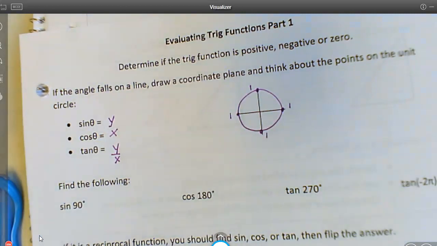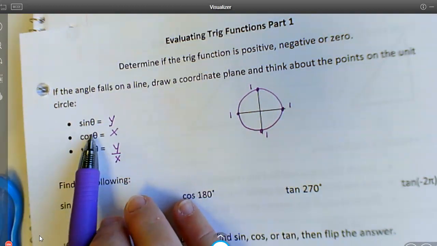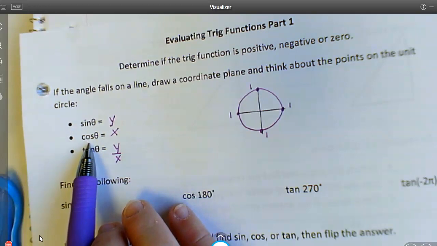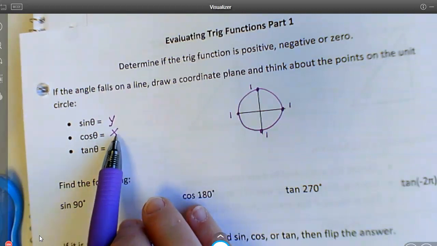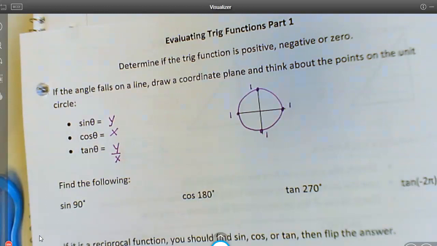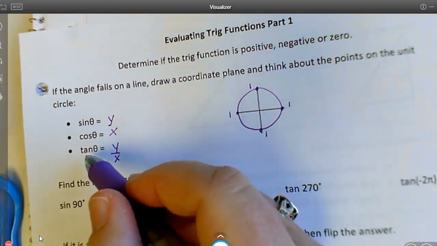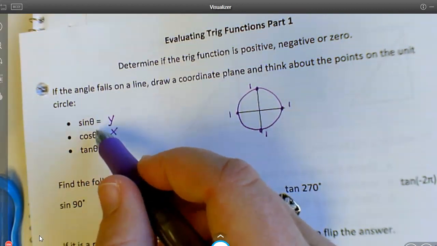If you have trouble remembering it, we always write sine and then cosine and tangent, but if I put cosine and sine in alphabetical order, cosine comes first, right? So x comes first, so cosine has to be with x. Thinking about alphabetical order might help you remember which is which, because sometimes that's a little confusing. Tangent is always y over x, or it's always sine over cosine.